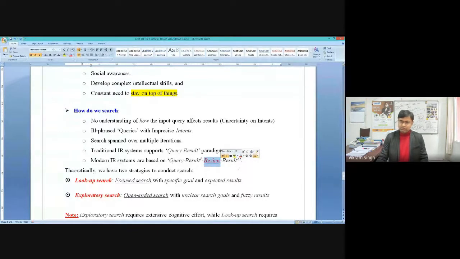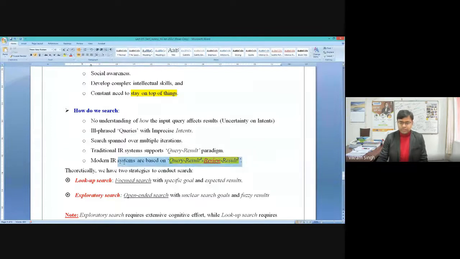So when you apply the next query, probably it will consider this review part also to generate results. And that's the change that happened in the last 8 to 10 years, probably, right?